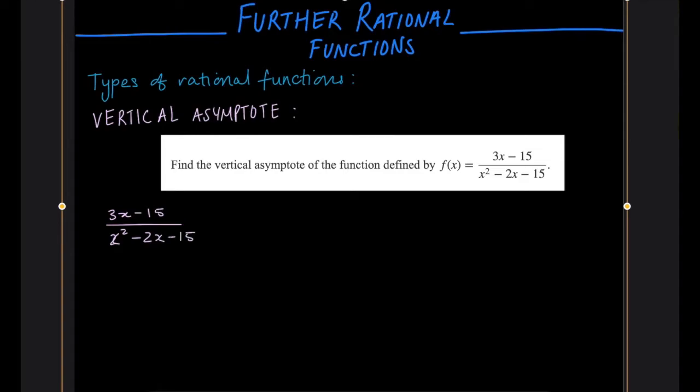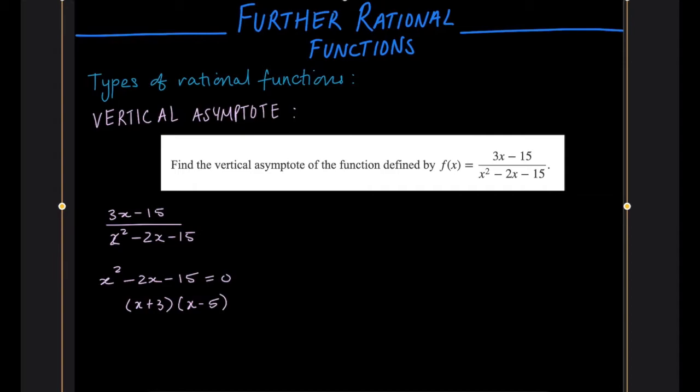We can see that this is a quadratic, and now we need to factorize it in order to get our two different roots. Once we factorize this, we get x plus 3 and x minus 5.